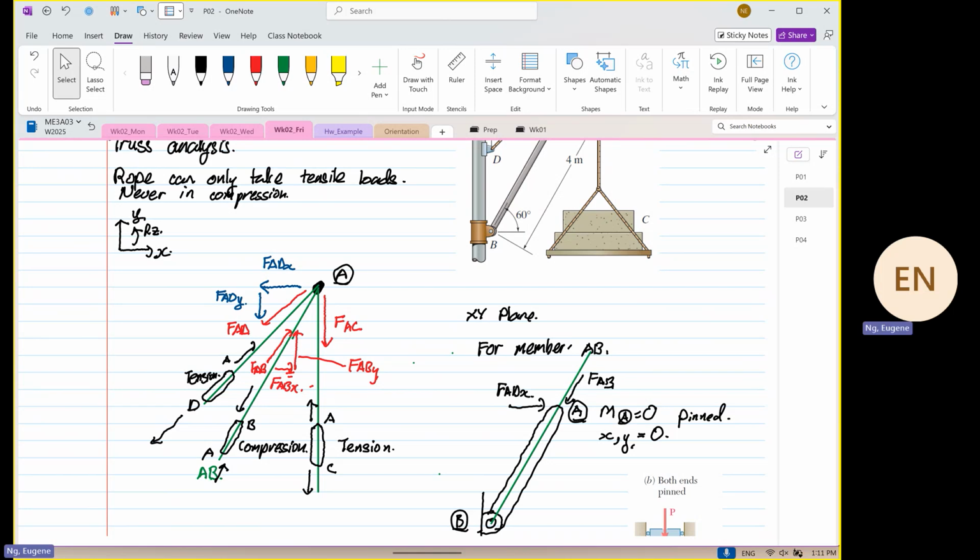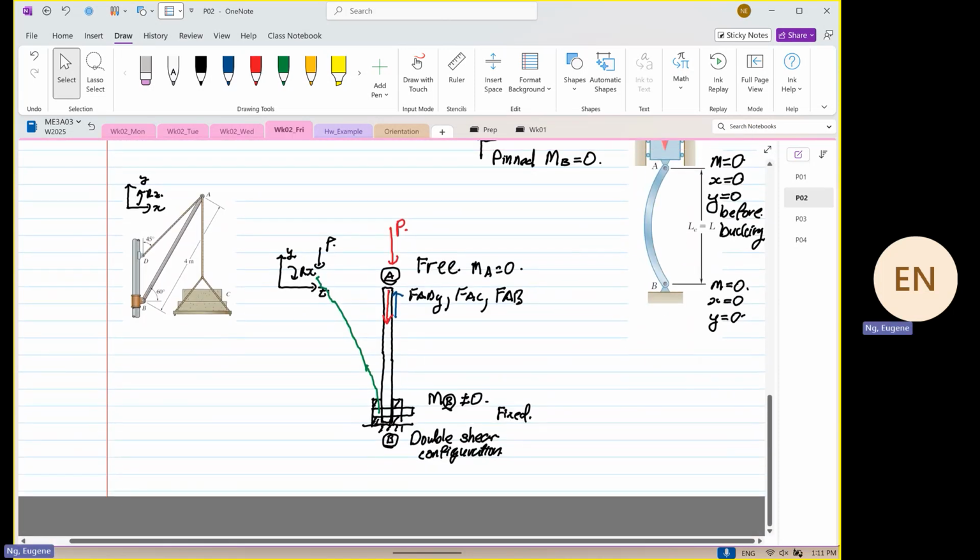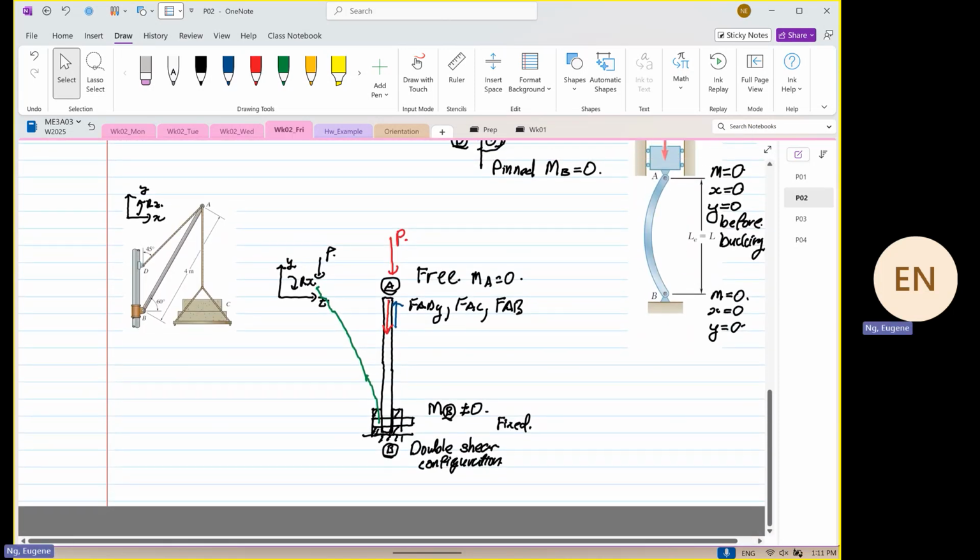The answer is no. Why no? Because you have FAdx and FAdx doing what? Clear? You see that? Well, for down here, what do you see? For down here, is there any left and right reaction forces?